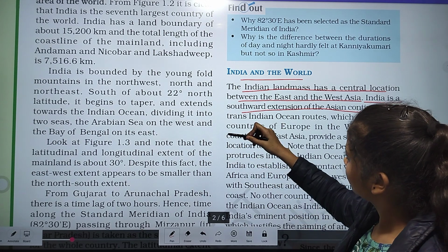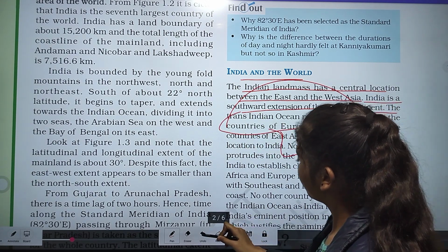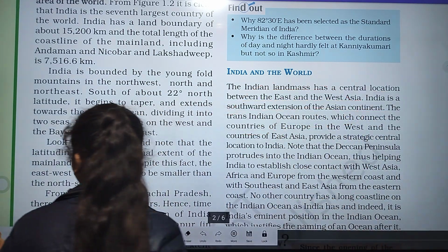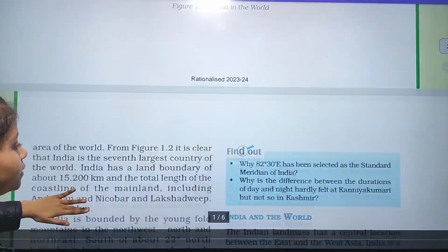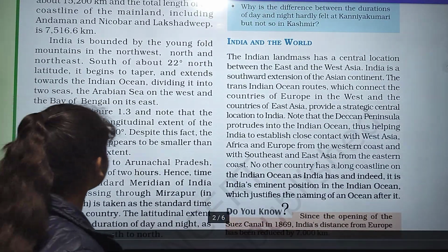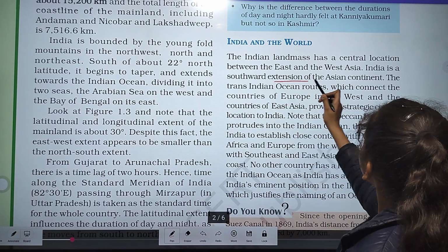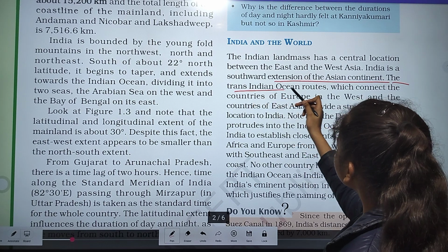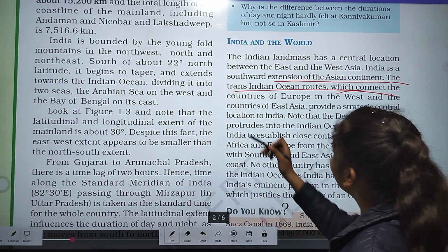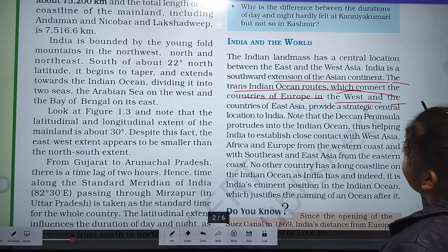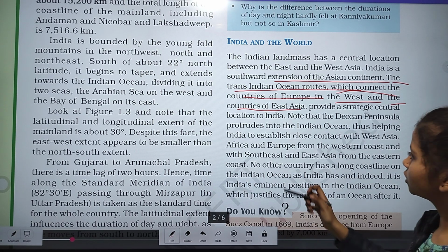It means here is Asia. You all know that India is from here, like you can also see on the map, the southern extent. The trans-Indian Ocean routes which connect the countries of Europe in the west and the countries of East Asia provide a strategic central location to India.